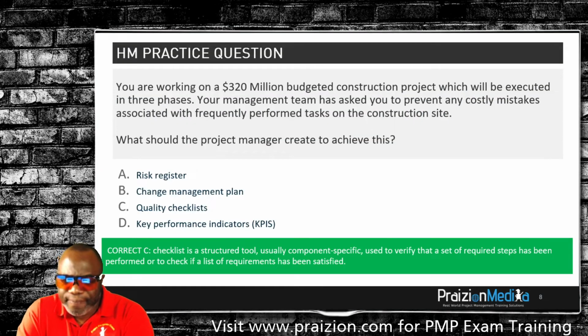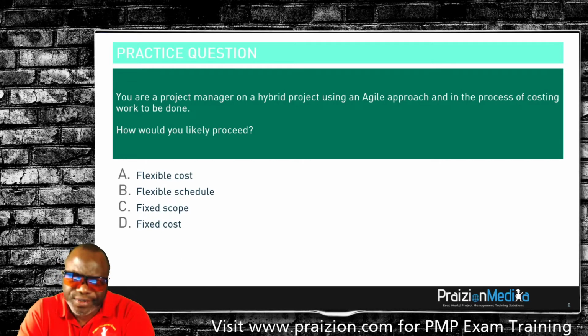Okay, here's another one. This one, again, is a knowledge question. You're a project manager on a hybrid project using an Agile approach and in the process of costing work to be done. How would you likely proceed? Okay, so you got to watch the words.